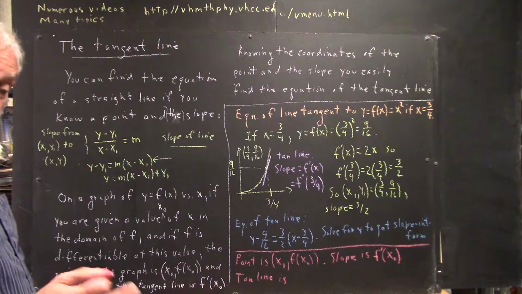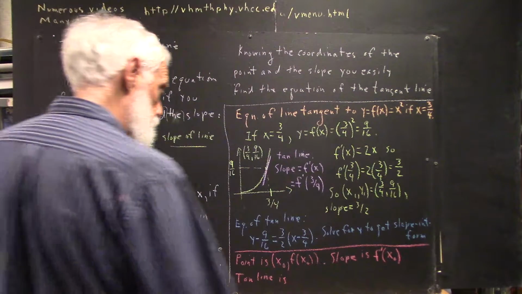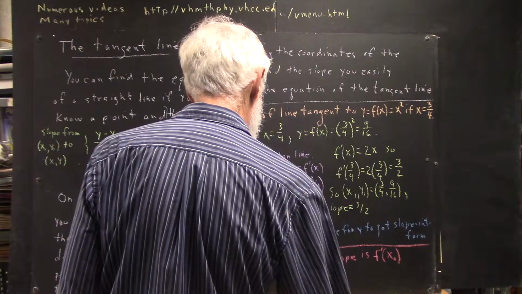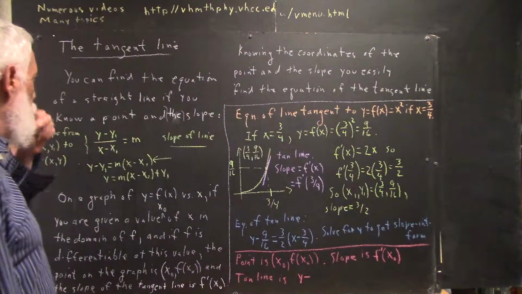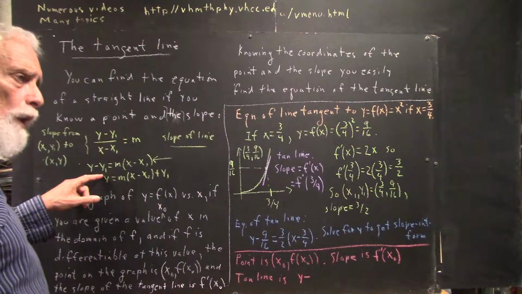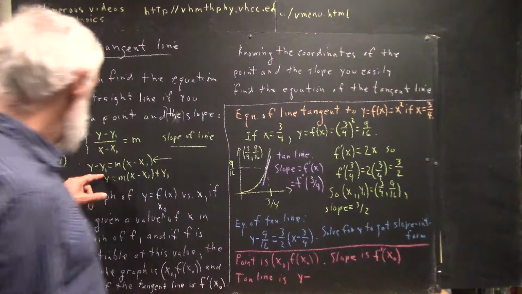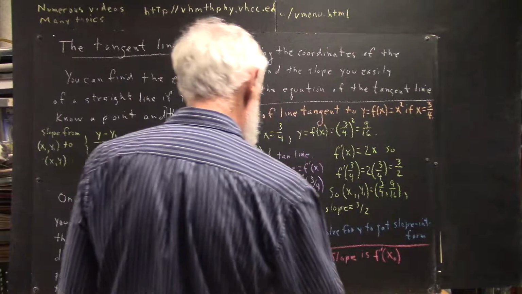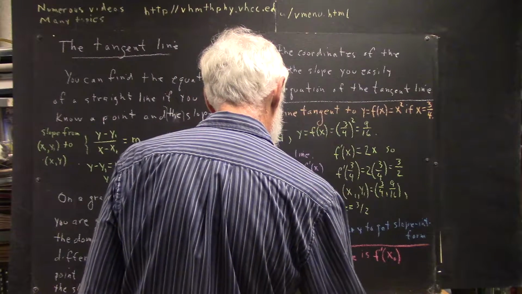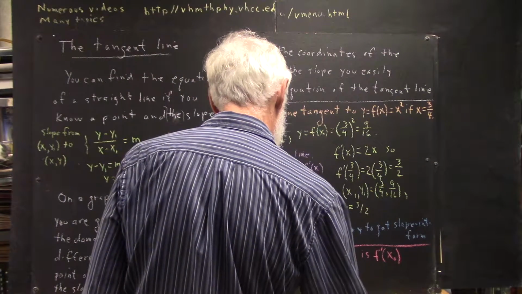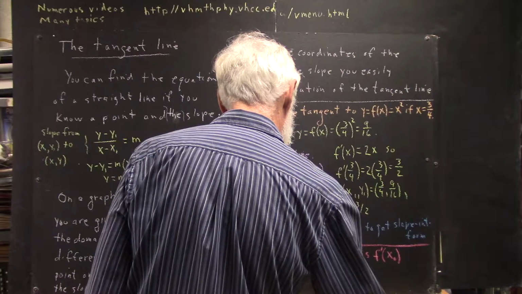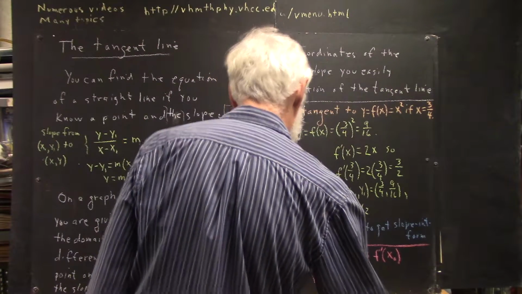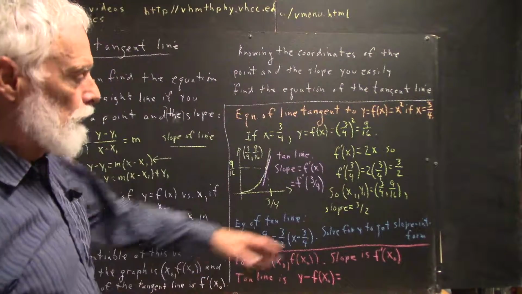Okay, hopefully you paused. You're going to get y minus y1. y1 represents the y value, the y coordinate of the point that you know, and that's f of x naught. And now what's the slope?